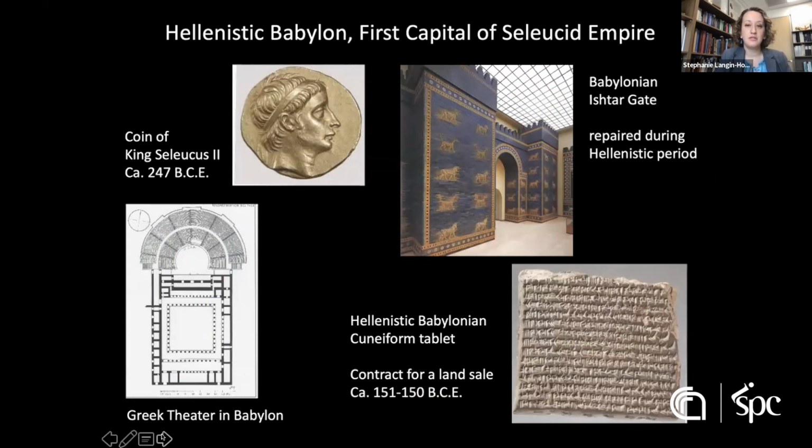Particularly in such a multicultural environment, it is difficult to place secure labels on iconography and to be certain that everyone who used a figurine agreed on what his or her name and identity was supposed to be.